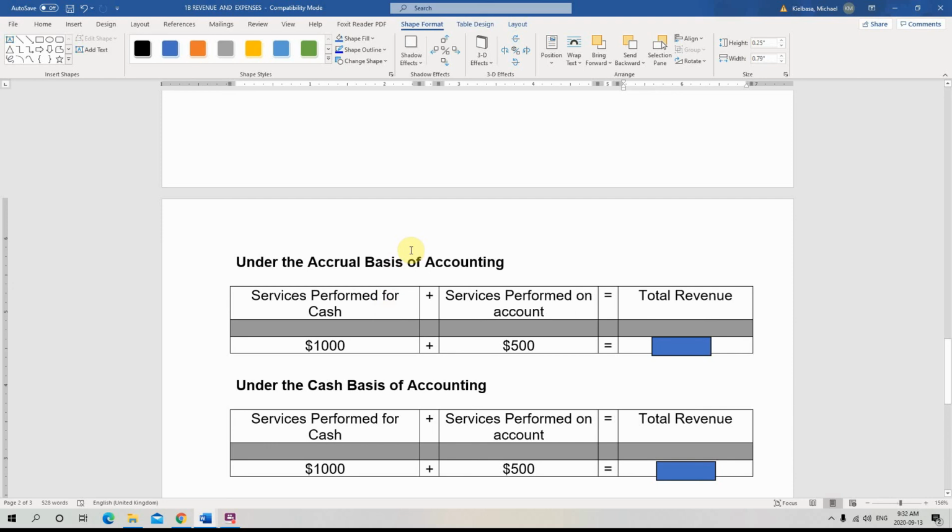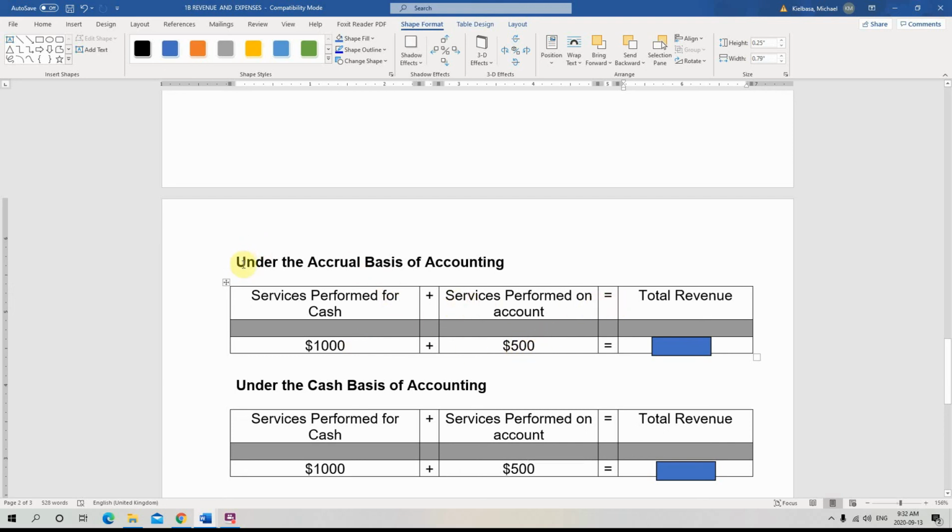Okay, so it's revenue when the service is performed or the bill is sent, not necessarily when the cash is received. Or sorry, not when the bill is received, when the bill is sent. Okay, so let's look at services performed for cash is $1,000, and services performed on account is $500.